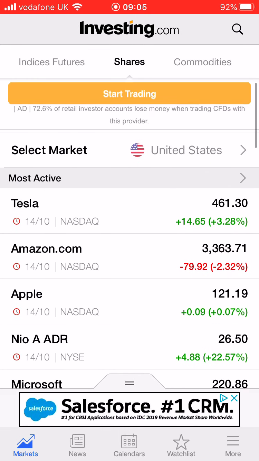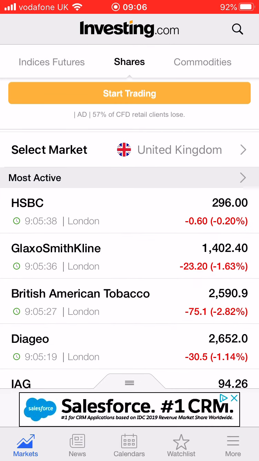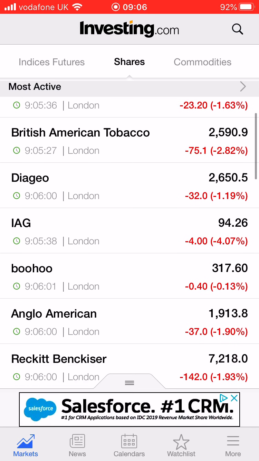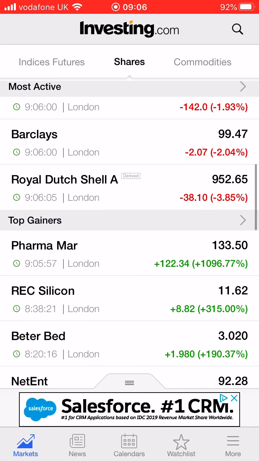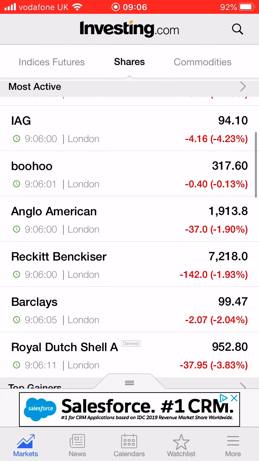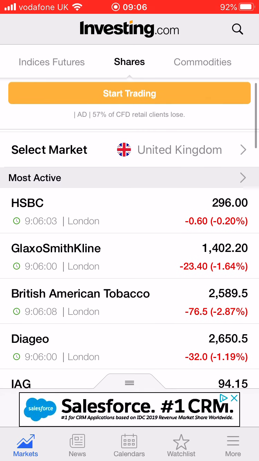And you can change market. So you can go to UK shares and it'll show you the same metrics, top gainers and top losers. This would be across all three, FTSE 100, 250, everything.